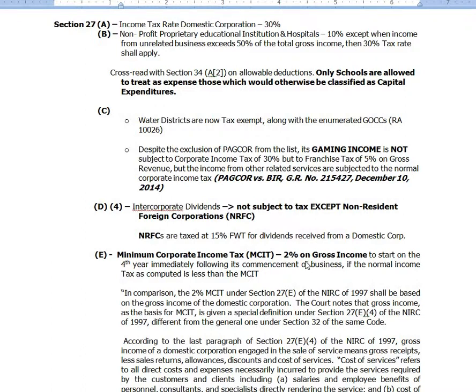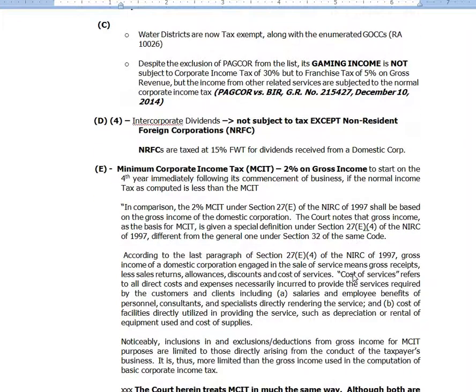But then, if you multiply the gross income by 2%, the result is, say, 500,000. Then the corporation shall pay 500,000 tax. The idea here is that it starts on the 4th year immediately following its commencement of business. Okay? If the normal income tax computed is less than the MCIT.